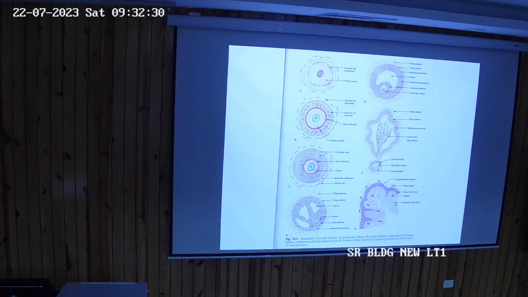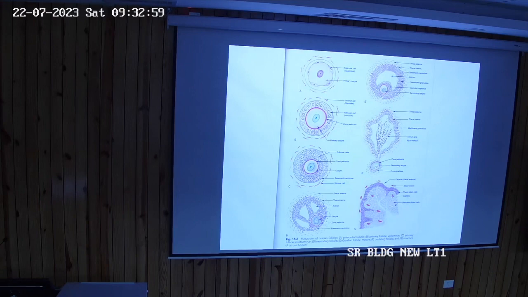Now see the next. What happens? All these liquid pockets, the liquor folliculi, join together here, and this part is called the antrum. This antrum divides the granulosa cells into a peripheral part and the part of granulosa cells over the oocyte. The part lying over the oocyte is the cumulus oophorus, and the rest is called the membrana granulosa.